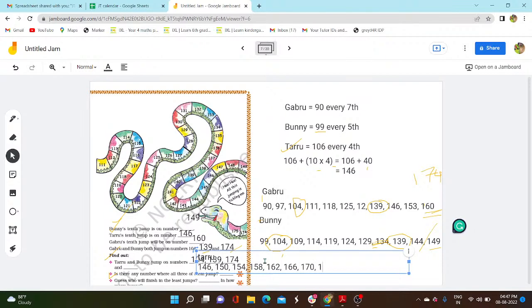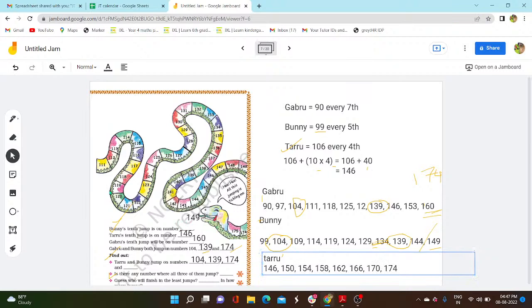Add another 4, 174. So can you see, we have calculated that Taru also will reach 174 if he jumps in fours. So that means 174 is a common number between all the three, between Gabru, Bunny and Taru. So we can write 174 over here.